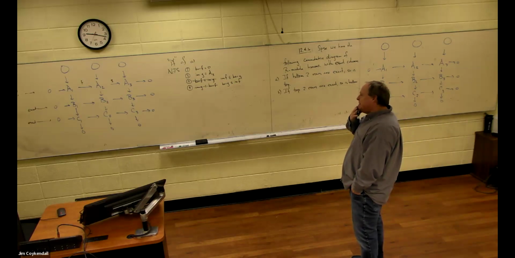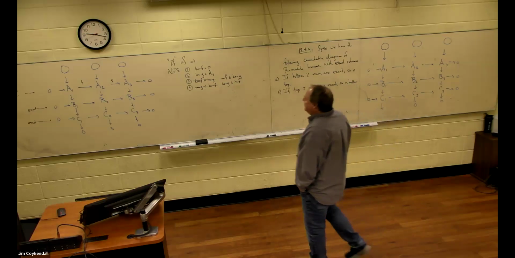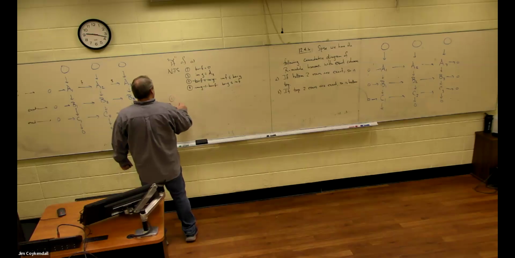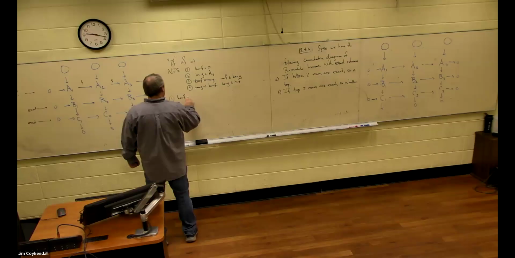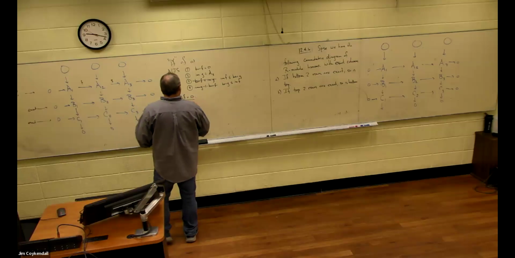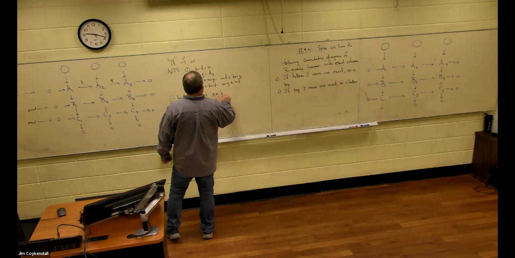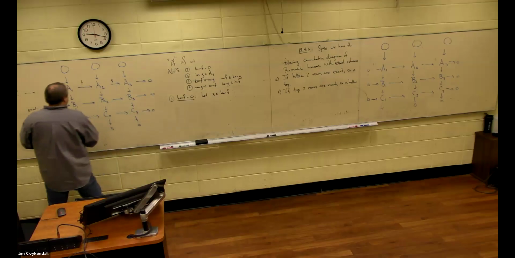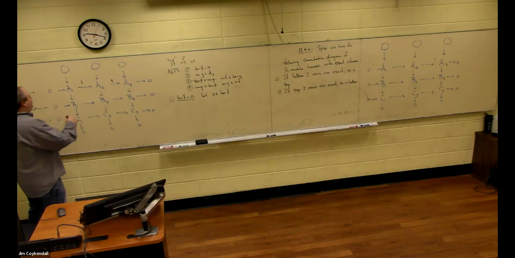And let's see here. I think the first one's going to be the easiest one, so let's start here. Let's prove this. Let X be in the kernel of F. What does that mean?